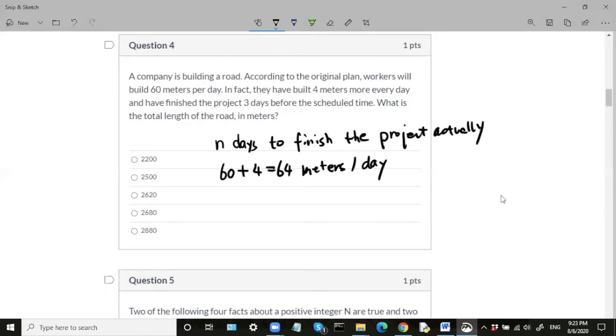So the total length of the road is 64 meters every day times n days, 64n. It should be equal to the original plan: 60 meters every day, and you have 3 more days, so 60 times n plus 3. That is the total length according to the original plan. So they should be equal to each other, right? So then we just need to solve for n.